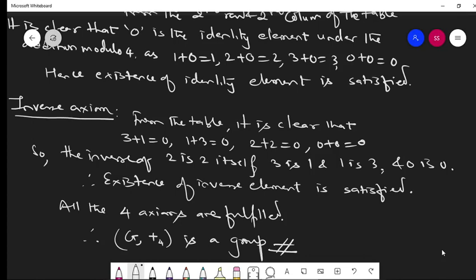Moving to number 2, the second part, that is the associative axiom.